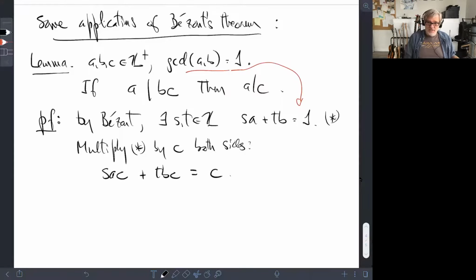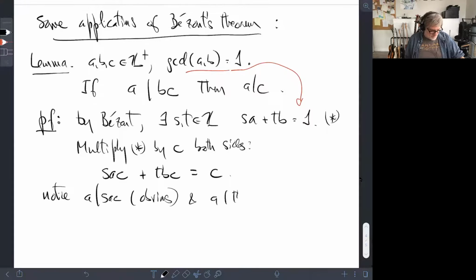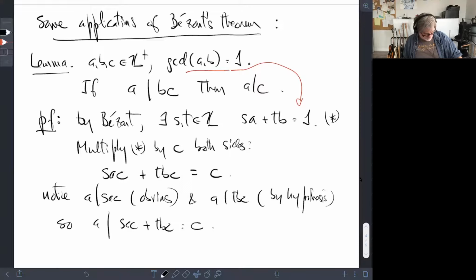Half the work is done because in SAC, A is a factor, it divides SAC. What about TBC? That's my hypothesis. A divides B times C, so I'm done. So notice A divides SAC, this is obvious, and A divides T times BC, that's our hypothesis. So A divides SAC plus TBC, which happens to be C. So that's it.